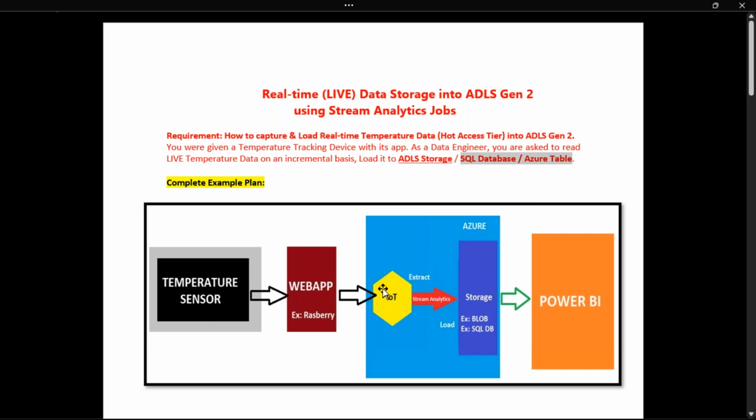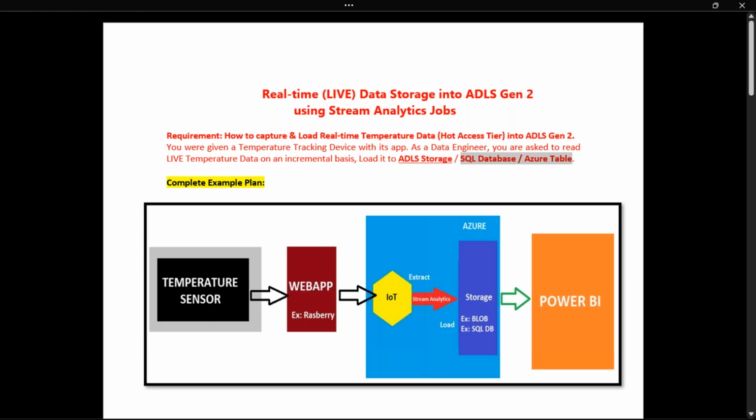To link yellow and blue, we need red. The red item is going to park the data, the yellow data, into blue. Without yellow, without IoT, we will not be able to connect the app.